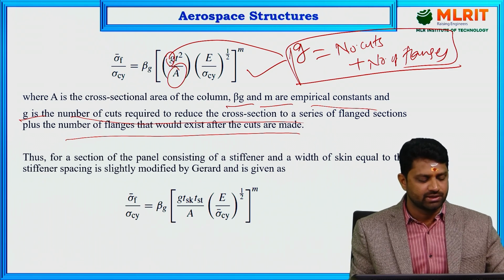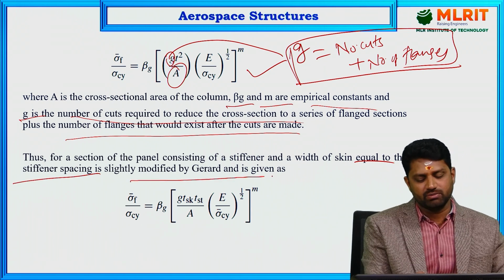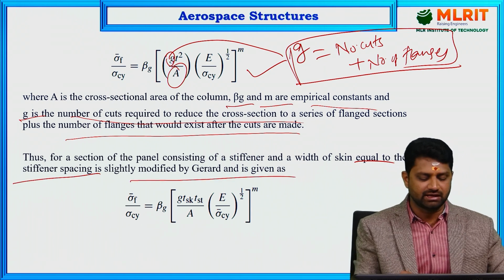So thus for a section of the panel consisting of a stiffener with a width of skin equal to the stiffener spacing, the formula is slightly modified by Gerard, and again he has given another formula.